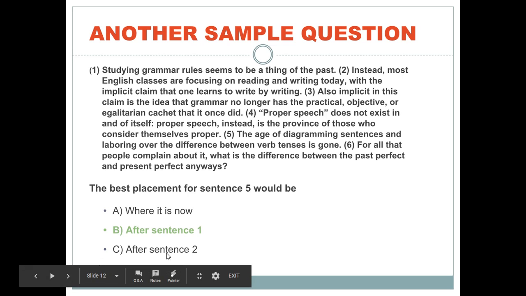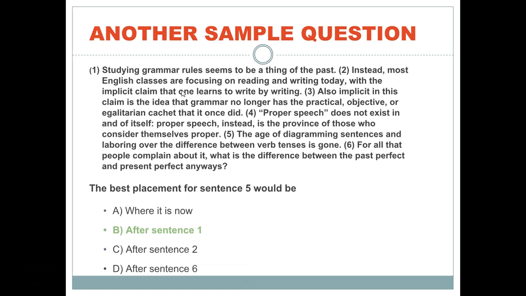Now let's look at C. Okay, C. So if we move this sentence after sentence 2, well, what are these sentences 2 and 3 talking about now? Right now, 2 is talking about how most English classes have this implicit claim, people learn to write by writing.